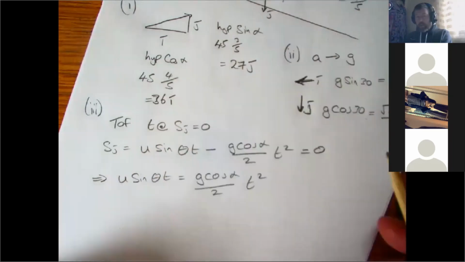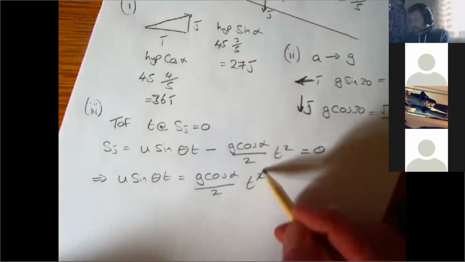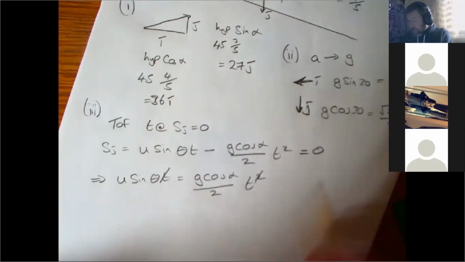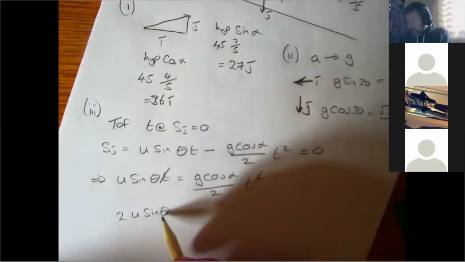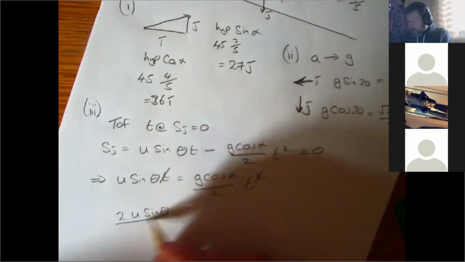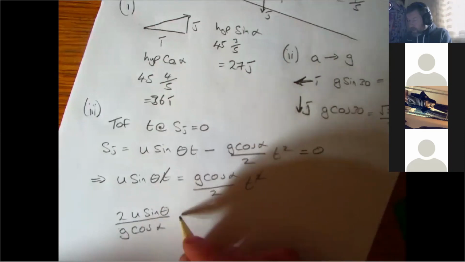Something common on both sides? Yes, big old T. So divide that side by T and divide that side by T, and we're getting a bit closer. We get 2 U sine theta divided by G cos alpha is equal to T.